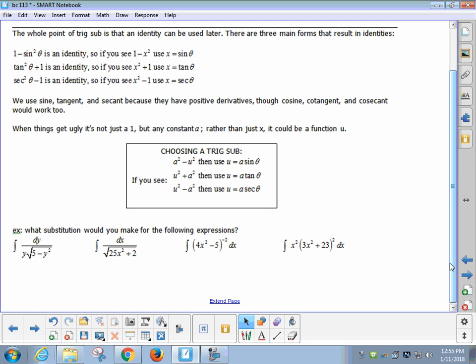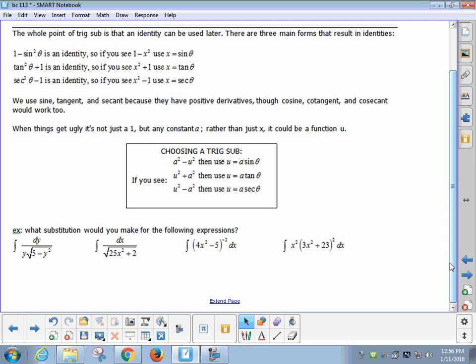Unfortunately, however, sometimes things get a little more complicated than just 1 minus x squared. Sometimes things have a lot more junk going on. So in terms of general rules of thumb, if you see any number squared minus a function squared, think sine. If you see any sum of squares, think tangent.